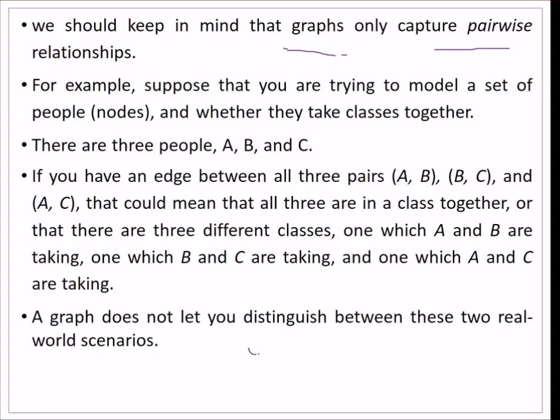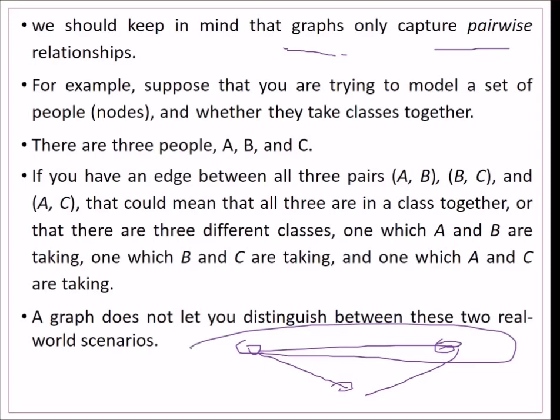Assume that we have A, B and C. If you have an edge between all three pairs, AB, BC and AC, that could mean that all three are in a class together, or that there are three different classes: one which A and B are taking, one which B and C are taking, and one which A and C are taking.